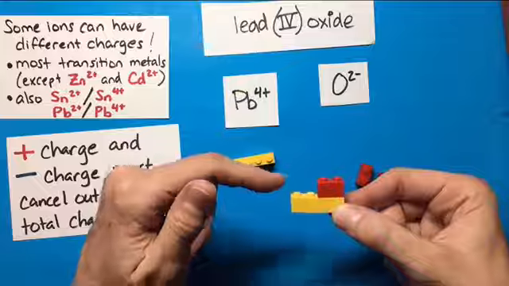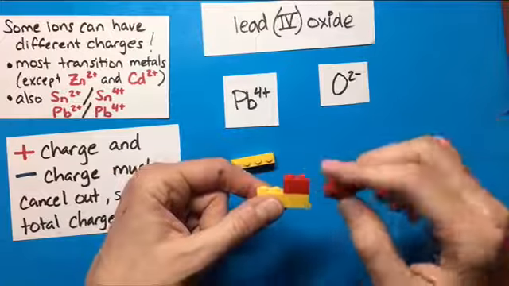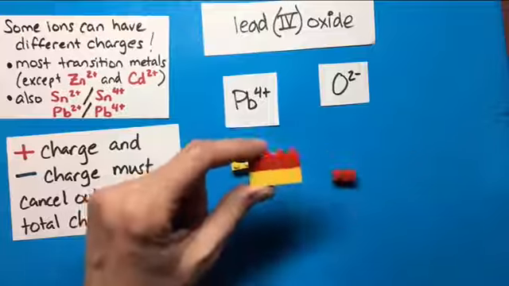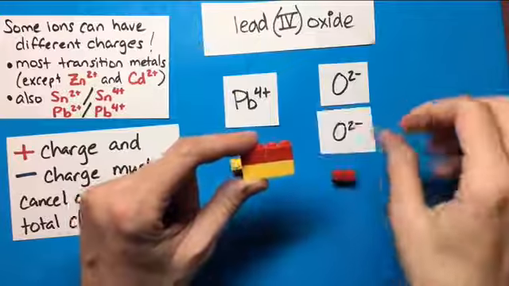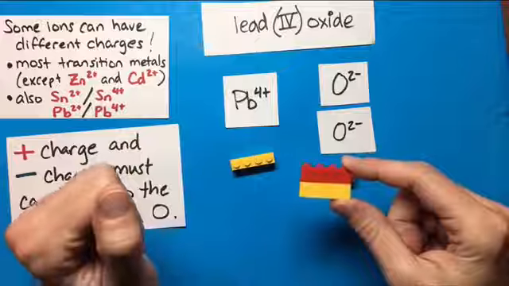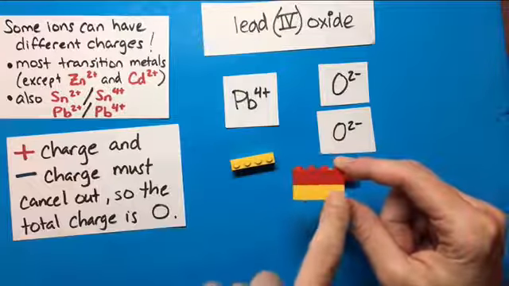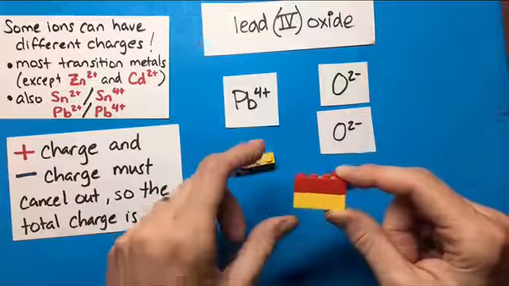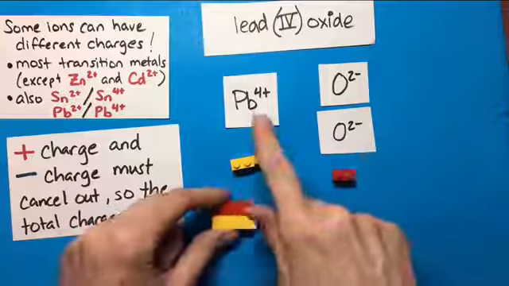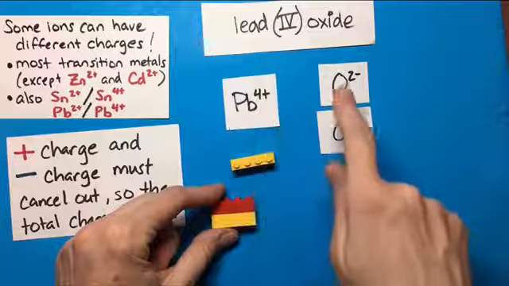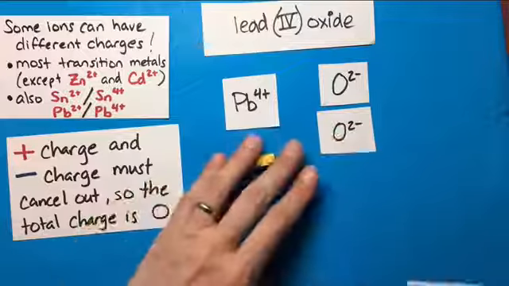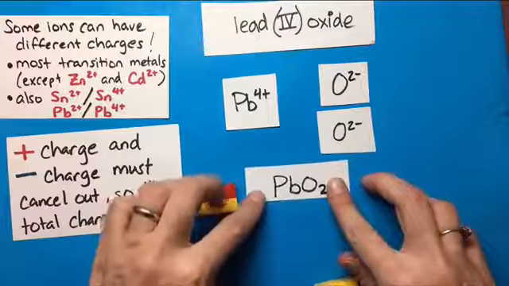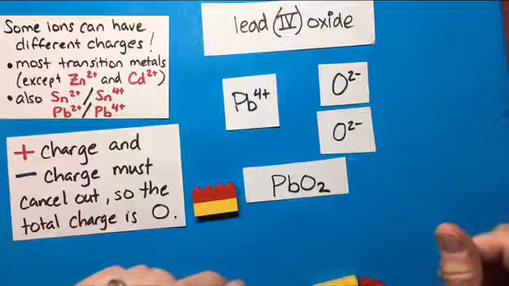I need more negative charges here to balance out my positive charge. If I add one more oxide ion, my charges are balanced. My positive charges are exactly canceled by my negative charges. In this case, I only needed one lead ion, but I needed 2 oxide ions. So my formula is PbO2.